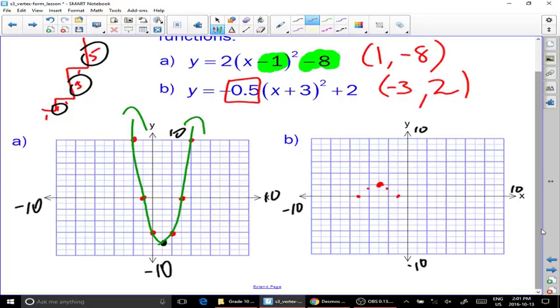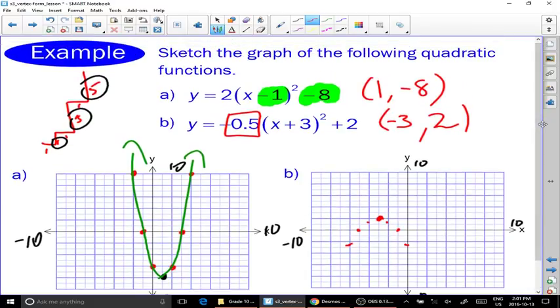And then from there, we'll go over 1, down what? 2.5, yes. Over 1, down 2.5. And because we still have some more room, we could keep going. 1, 3, 5, and then what would be the next one? 7.